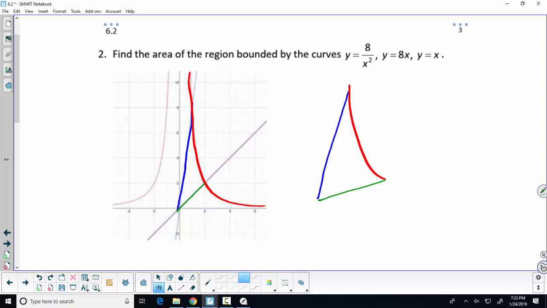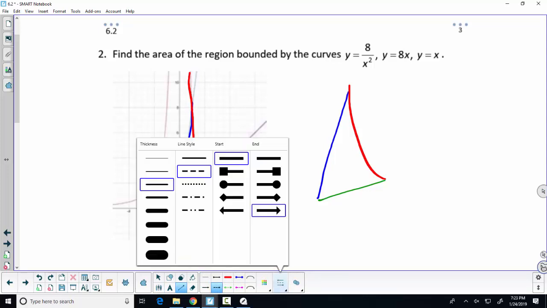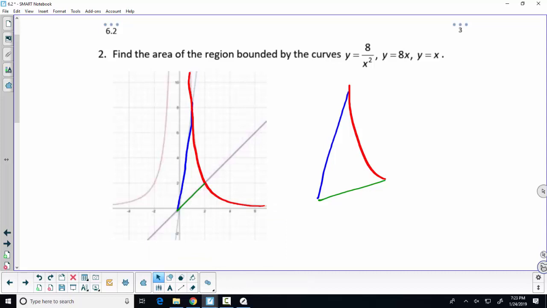Well, they're already set up. The functions are all y equals a function of x. But again, that's not always the default. Just because they're already solved for doesn't make it easier.